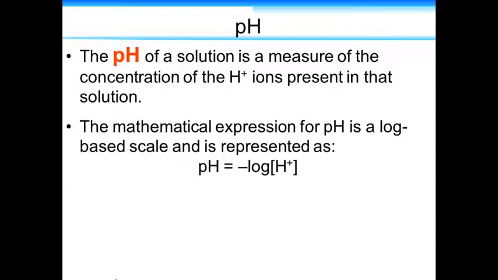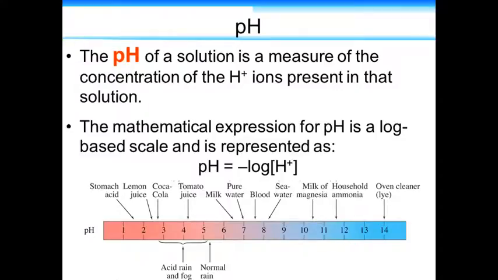Now, if you were to try and calculate pH, all you would have to do is enter a negative sign and then your concentration of hydronium or H+ ions and press the log button. And that would give you the pH.